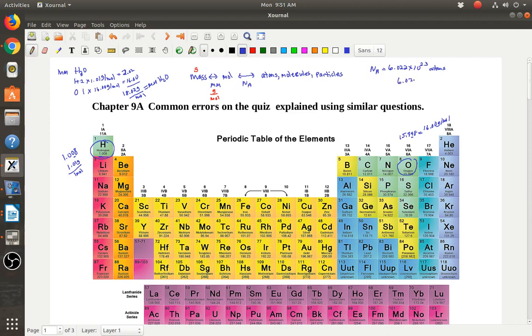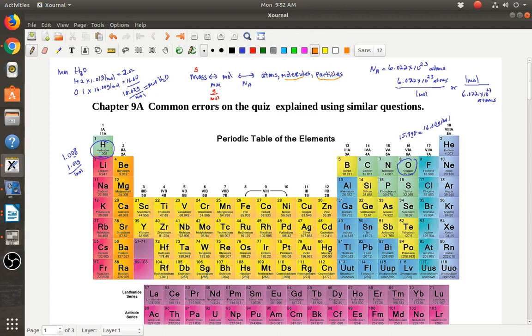So it could be 6.022 times 10 to the 23rd atoms in 1 mole, or you could write the other conversion factor, 1 mole over 6.022 times 10 to the 23rd atoms. Instead of atoms, I could also have molecules, or particles in general.